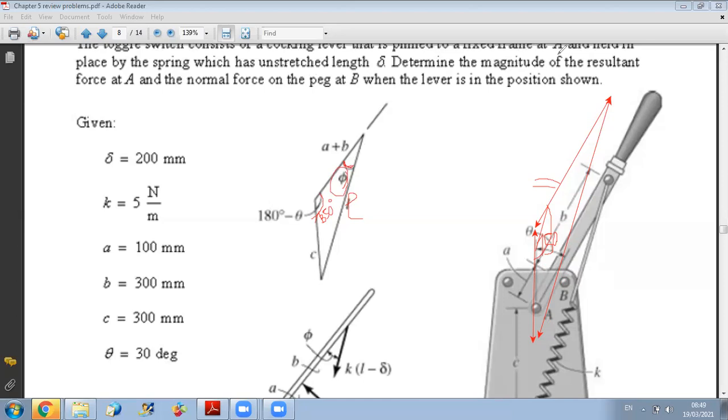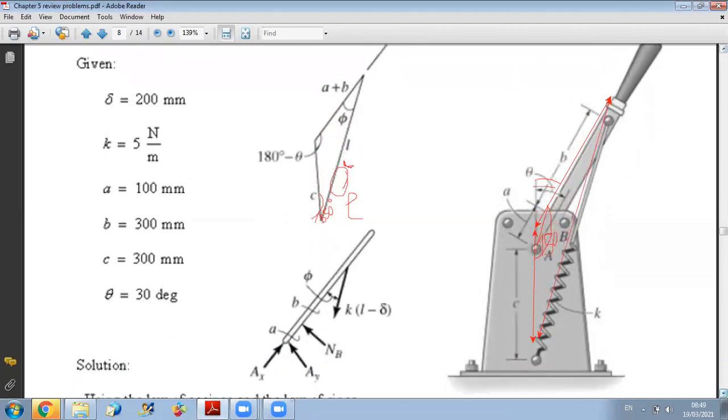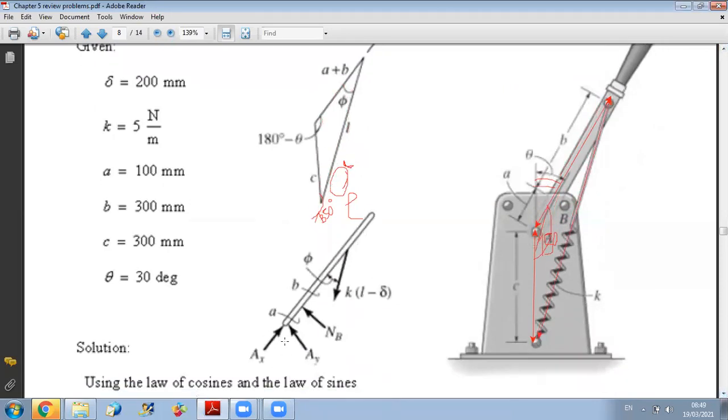So here, my spring force. If you look back at our initial free body diagram, we said that we have Ax, Ay, the normal reaction, and the spring force, and we considered the axes xy, x along the arm, and y perpendicular to the arm.